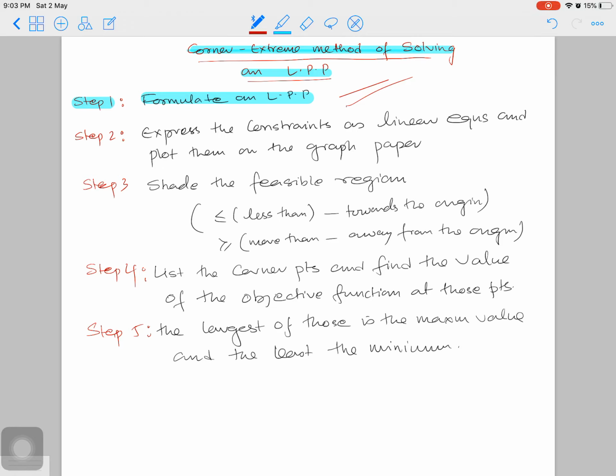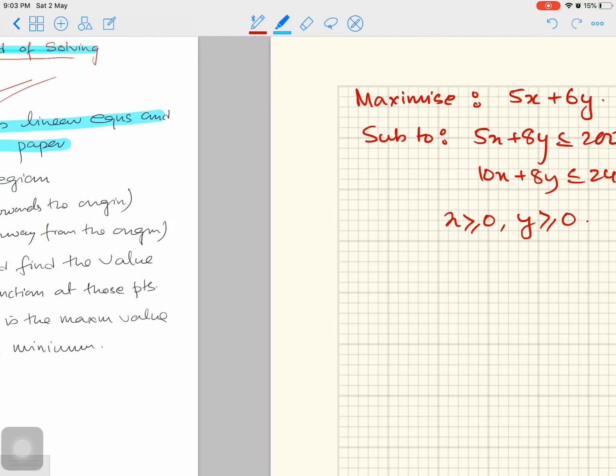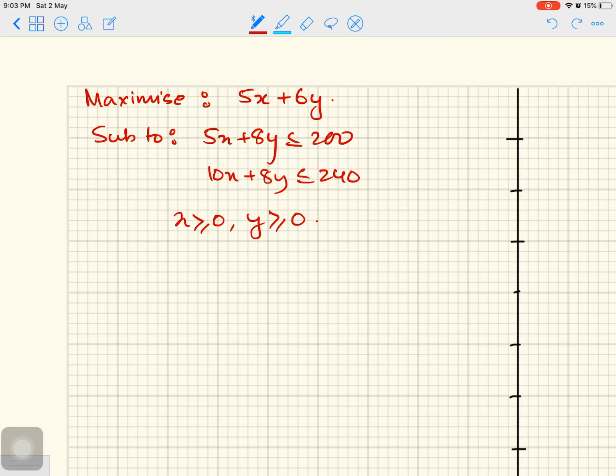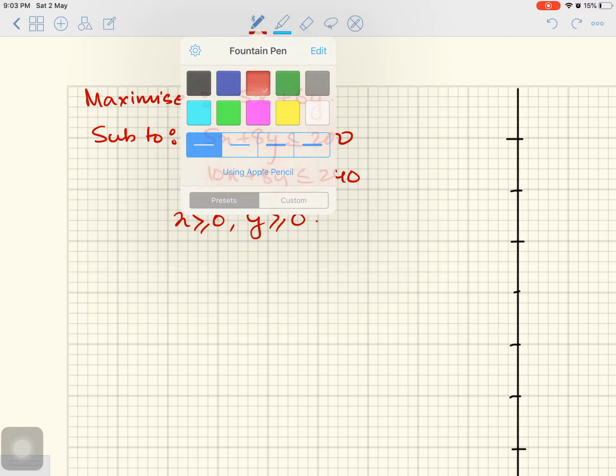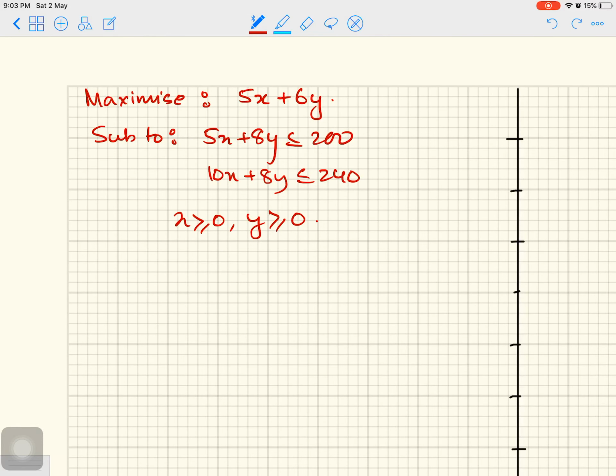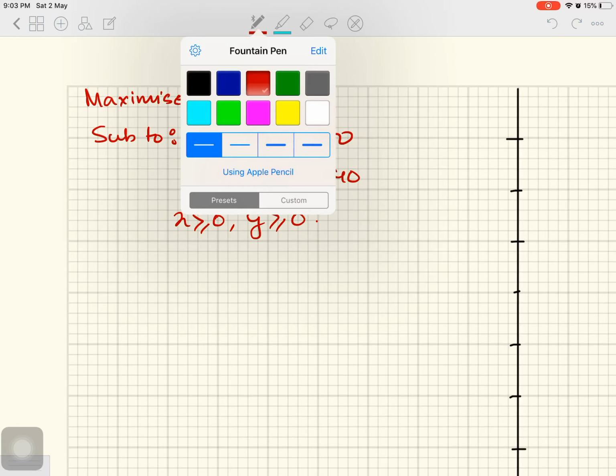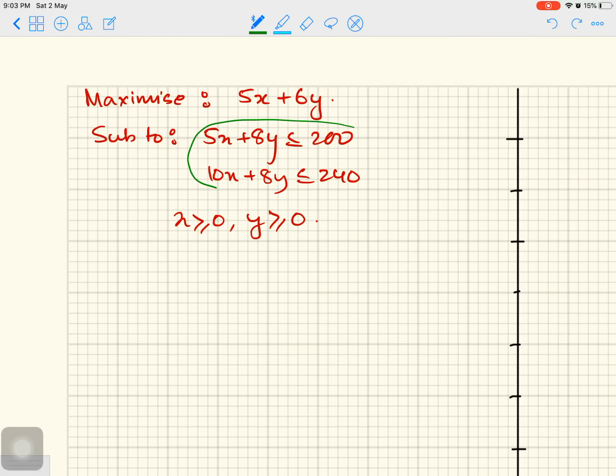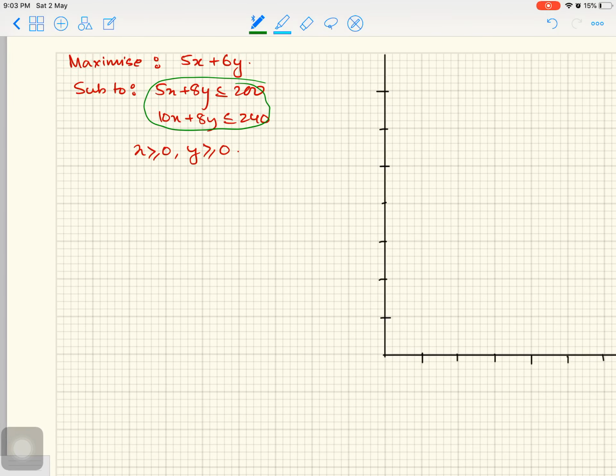Step 2 says express the constraints as linear equations and plot them on the graph paper. Okay, so let's go and solve this. Now I have to express this constraint. This is the constraint that they are talking about here. I have to express these constraints as linear equations and plot them on the graph paper.